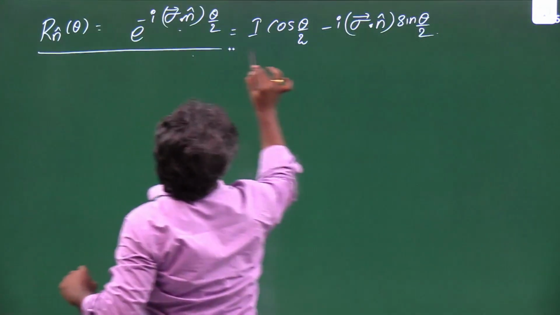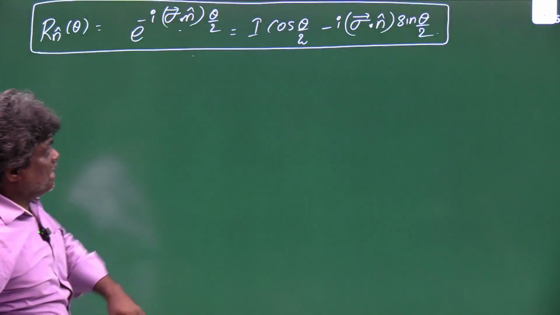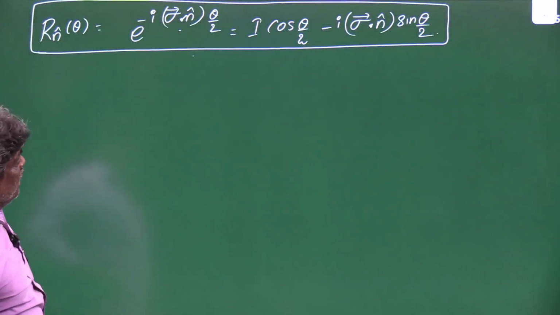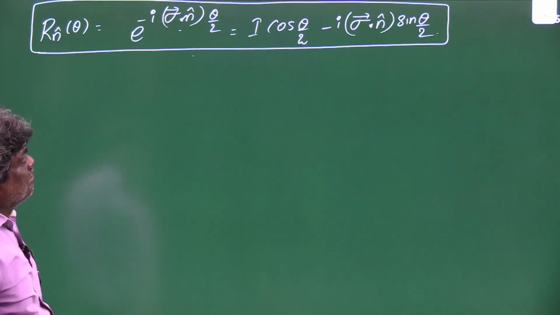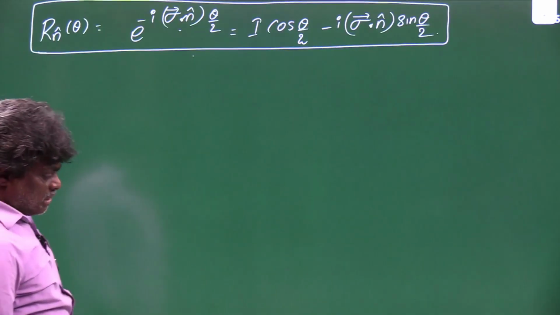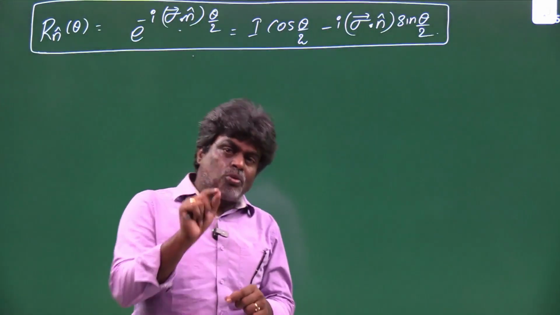This is your single qubit gate, quantum gate. Any gate must be represented by this, because single qubit gates are nothing but the rotations of the qubit on the Bloch sphere.